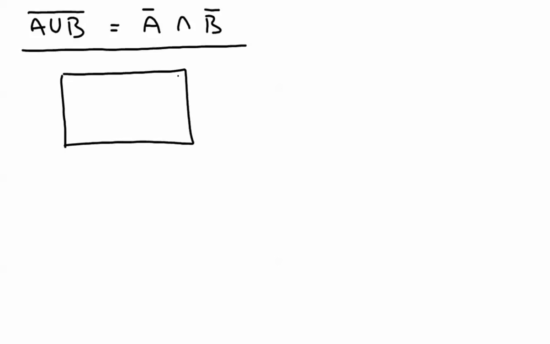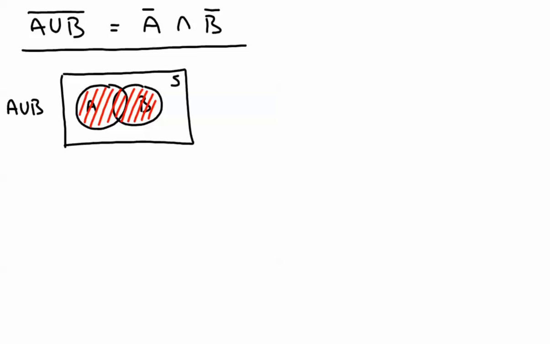Let's let that rectangular box equal my universal set or sample space S, and let's let this be sets A and B. So A union B is that collection of elements which are in either A or B, and that represents the red hatched area.